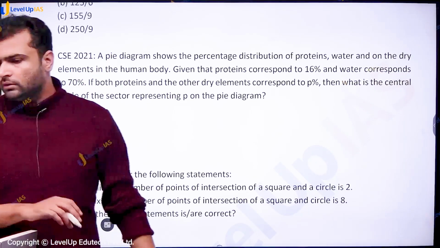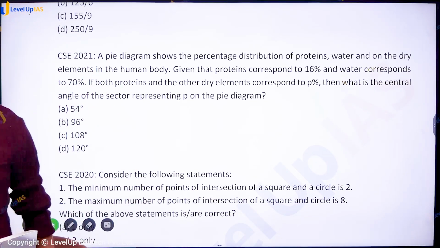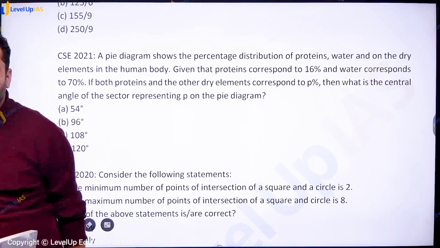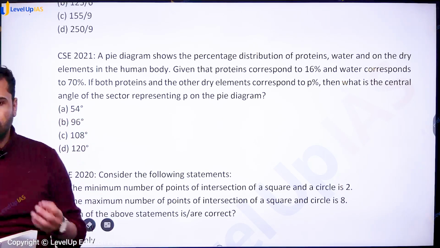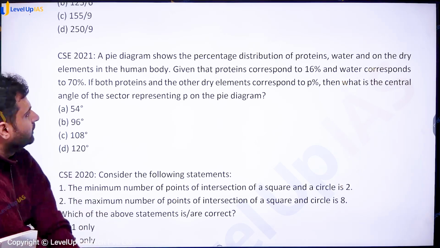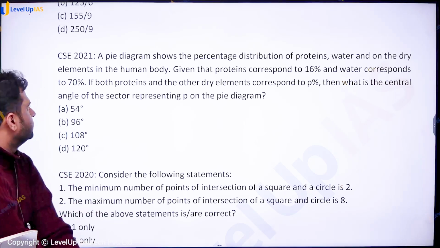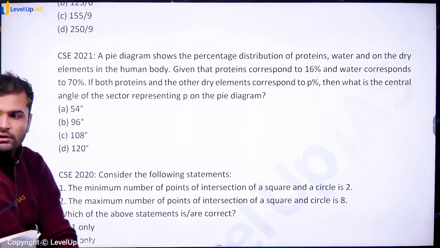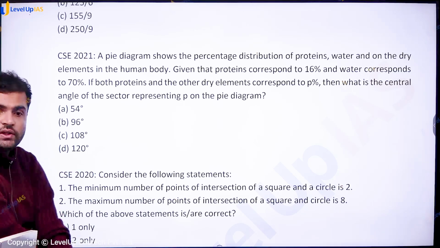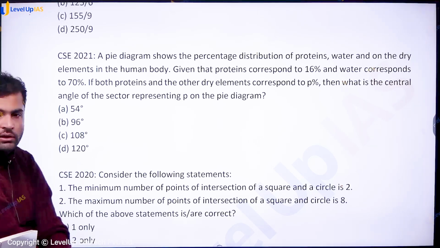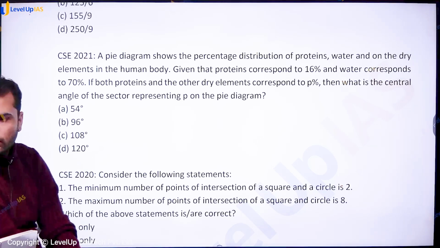Right. Hmm, what happened? It's not coming? Read the question carefully first. Read it carefully once again. I think you have made a mistake in interpretation somewhere.